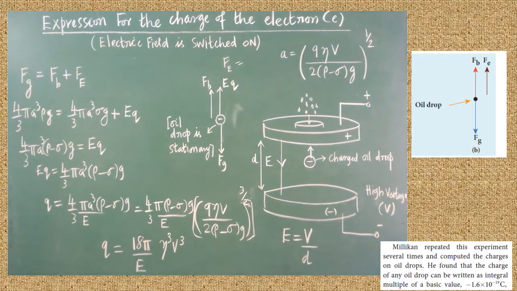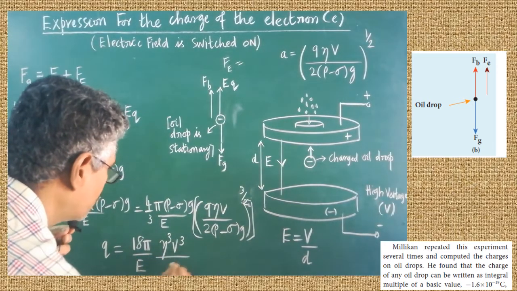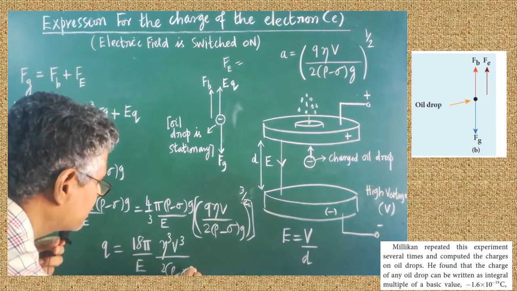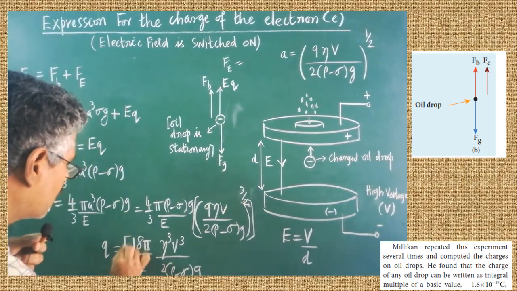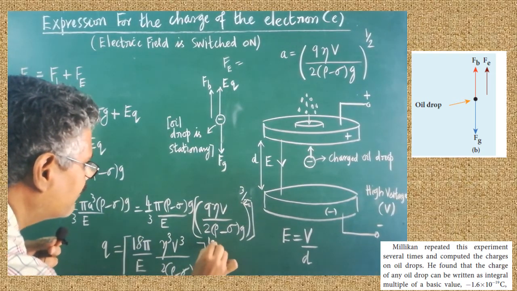V is nothing but the terminal velocity, divided by 2 (rho minus sigma). That should be written. And then g is there, to the power of half.